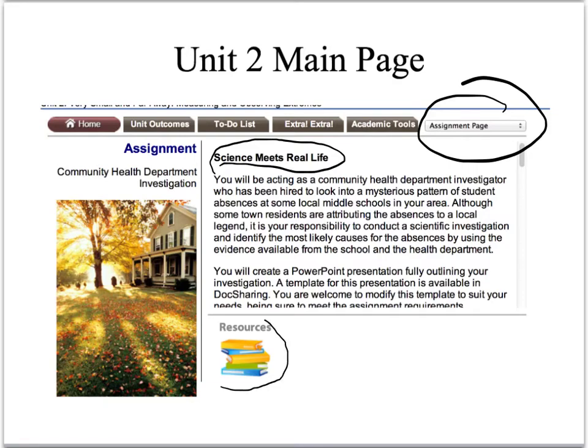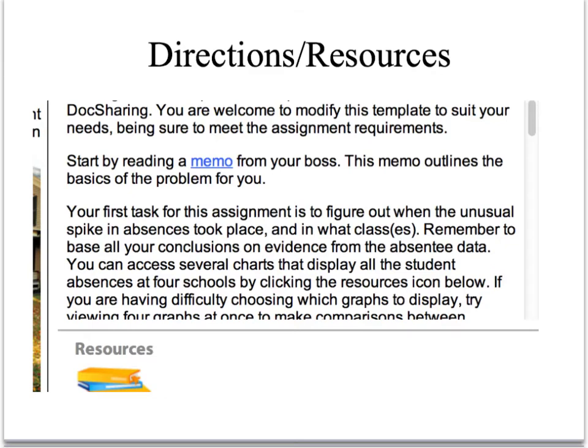I want to point out the resources, because you are also going to need to review the resources. There are multiple sources of information that you need to gather on this assignment. So here we start with some of the directions, and I've already scrolled down somewhat, but your whole job is that you are an epidemiologist.